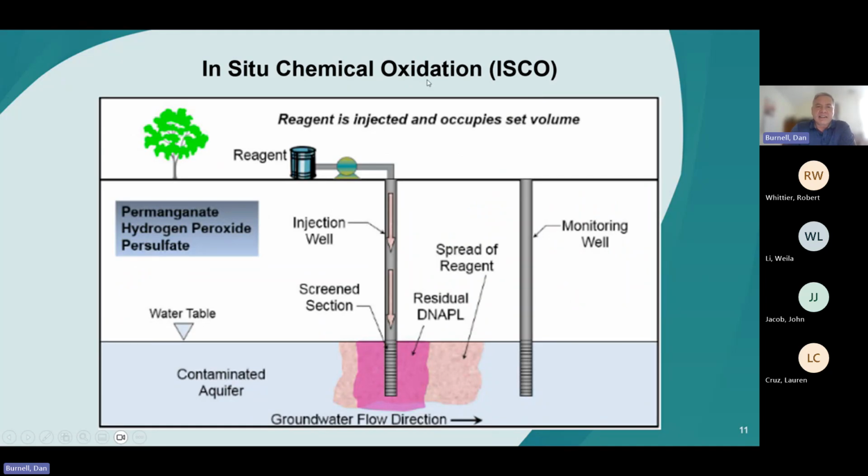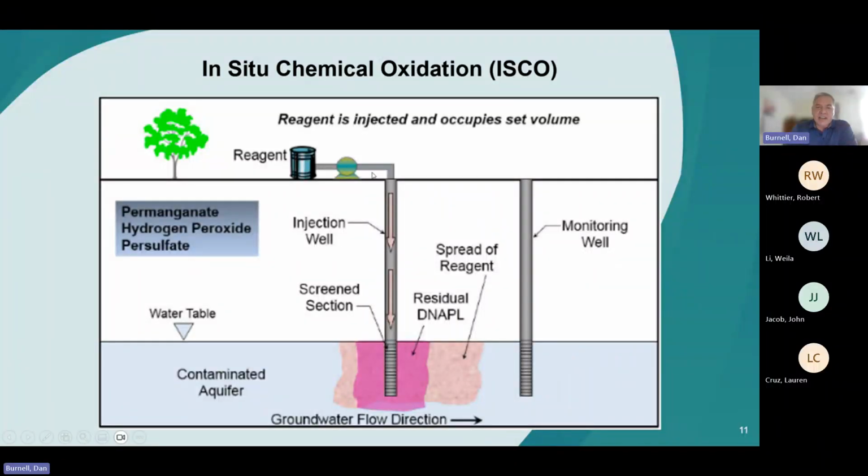Another technology is in situ chemical oxidation, and this technology is effective for a wide variety of chemicals. That's one advantage that it has, and so what is done in in situ chemical oxidation, sometimes called ISCO, is we have these reagents that oxidize the chemicals and break them down into harmless chemicals, and so these reagents are injected below the water table into the zone where the impacted groundwater is, and it could be even DNAPL, dense non-aqueous phase zones too, of separate phase.